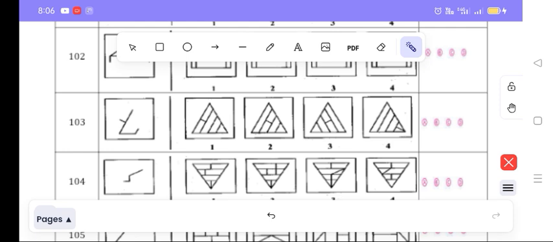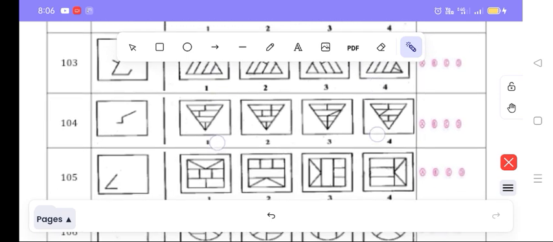When you come to B, this line will become much smaller than in the question figure, so don't choose this one. In C, it is opposite in direction. That is also a wrong answer. In D, you cannot find the small line here. So D is also a wrong answer. Option A for 103. That is the right answer.